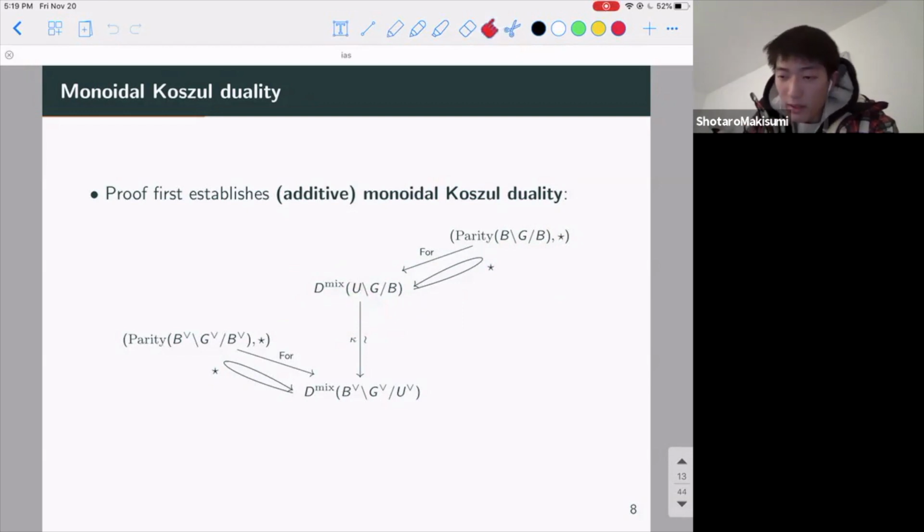And kappa is the equivalence from the previous page. But if you believe in this theorem, in this equivalence, then on this category, D^mix(U\G/B), there should also be some category acting on the left. Well, it's this category right here.